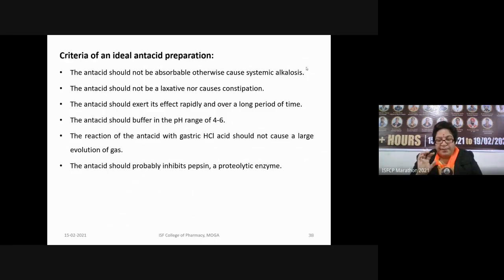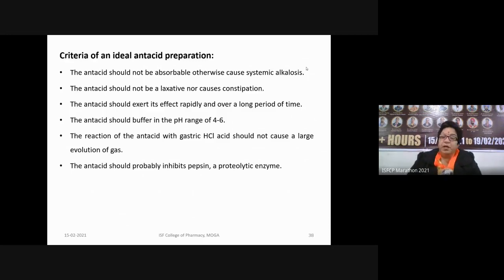It should not get inside the circulation. पूरी तरह से absorb अगर हो गया, it will go into the system, to blood circulation, and it will lead to systemic alkalosis. तो जनरल बॉडी का जो pH वो बढ़ा देगा या alkaline कर देगा. That is known as systemic alkalosis.